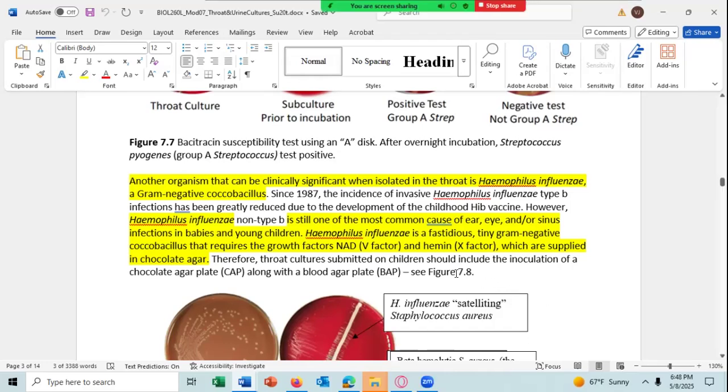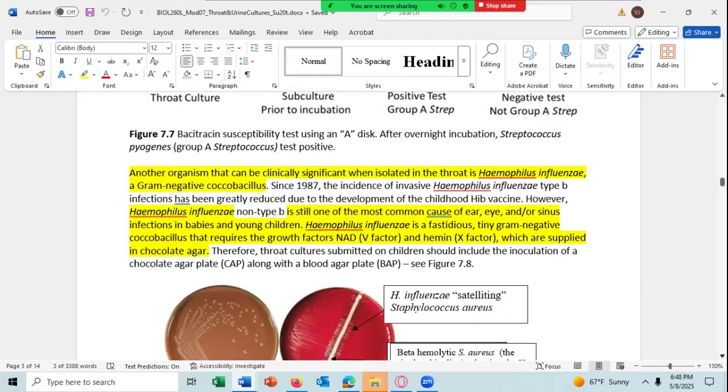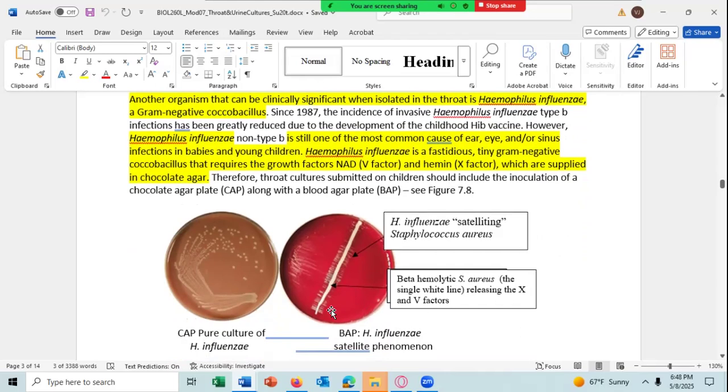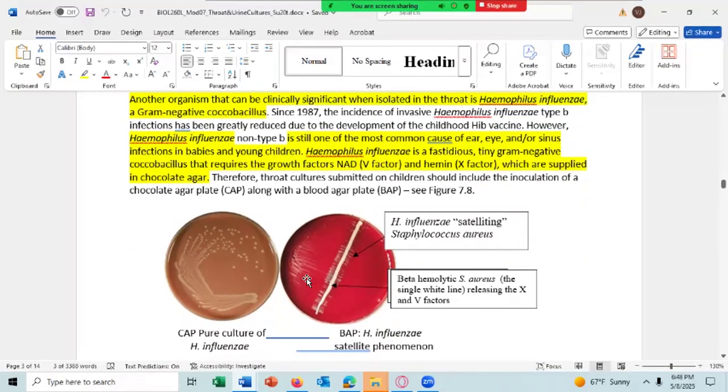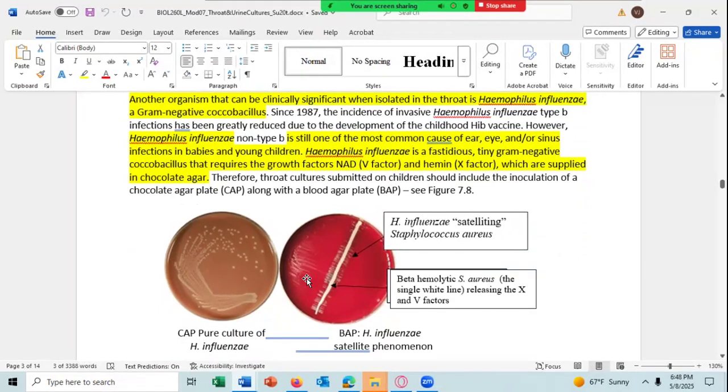However, it cannot grow on blood agar because it does not lyse the red blood cells. And even though the red blood cells do provide what Haemophilus influenzae requires, it will not release the requirement because it cannot lyse the red blood cells. Streptococcus pyogenes, by the way, can, because it does lyse the red blood cells.